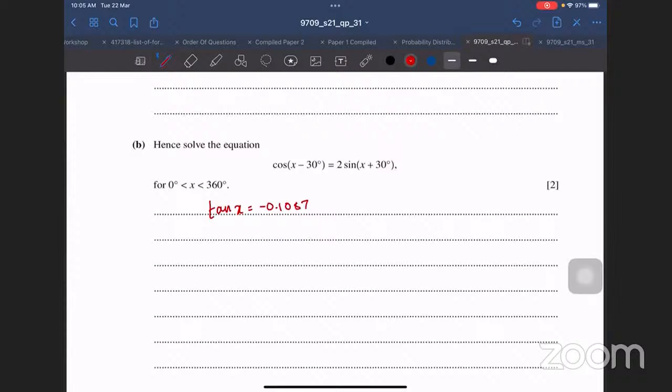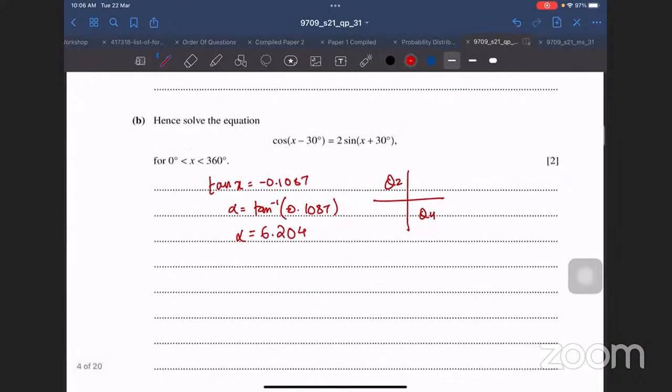So I know that when tan is negative, I'm talking about quadrant 2 and quadrant 4. First, I calculate alpha, tan inverse of 0.1087. I get 6.204, an unusually small answer. It's 6.2 only.